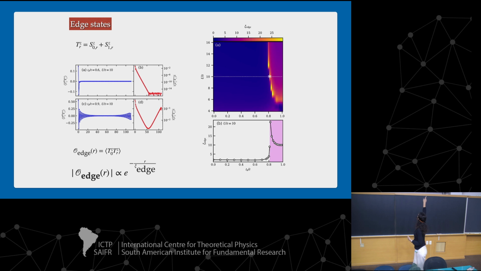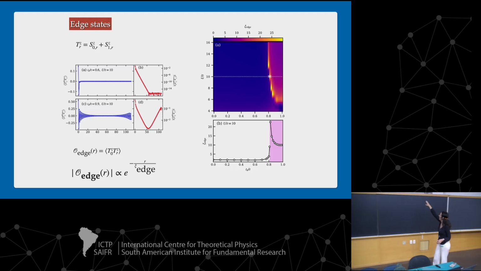But if you're inside the dome, they go to 0, and then they come back from 0. And this is very peculiar, and it's a very clear signal that we have edge states, and he was able to calculate the correlation length of the edge state, which is plotted here as a function of the diagonal hopping, and it blows up at the border of this dome-shaped region.